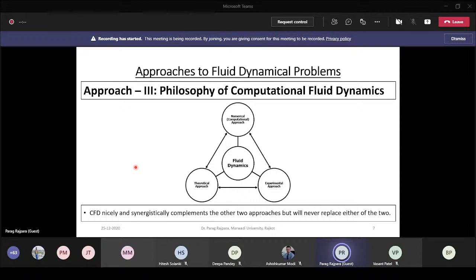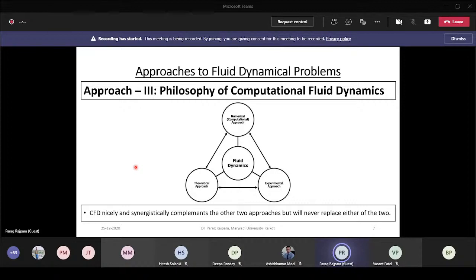But here you have to remember one thing, that CFD cannot stand alone by itself. It needs the help of analytical as well as experimental solutions, because you need to validate your results, you need to benchmark your solutions. Suppose you are solving a complex fluid flow problem, and you have developed some code. How will you verify your results?